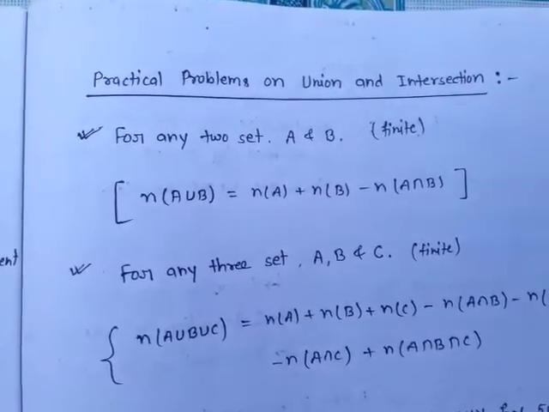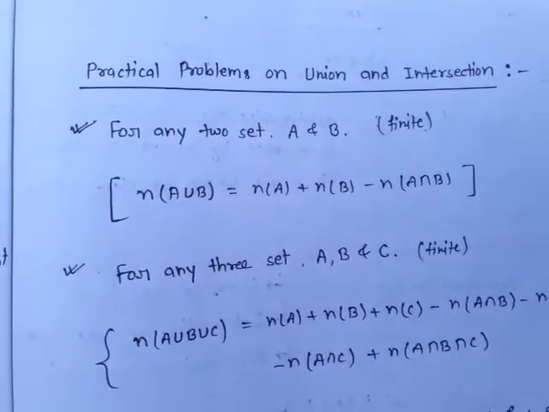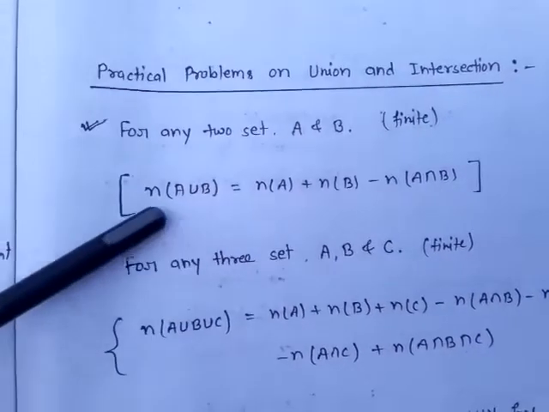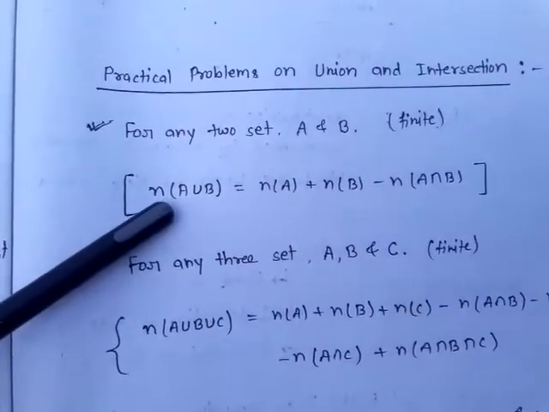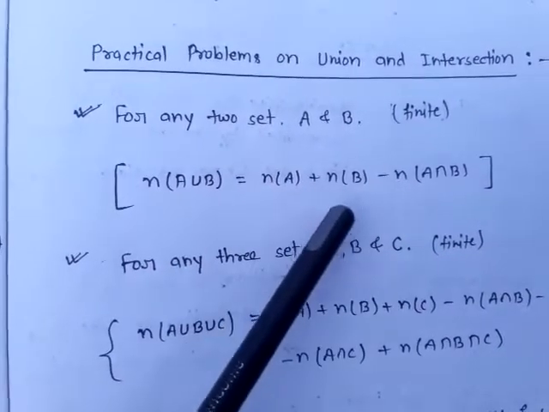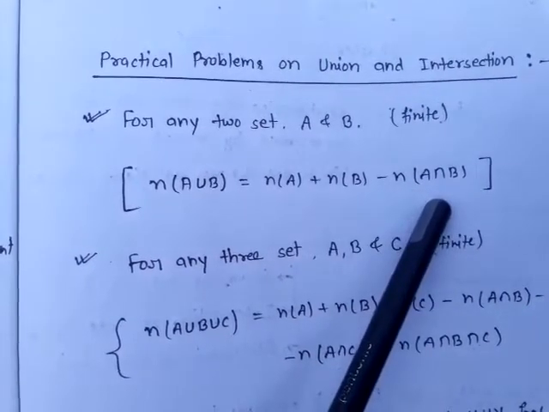For any two finite sets A and B, n(A union B) is equal to n(A) plus n(B) minus n(A intersection B). Here these are the number of elements in A union B, in A, in B, and in A intersection B.